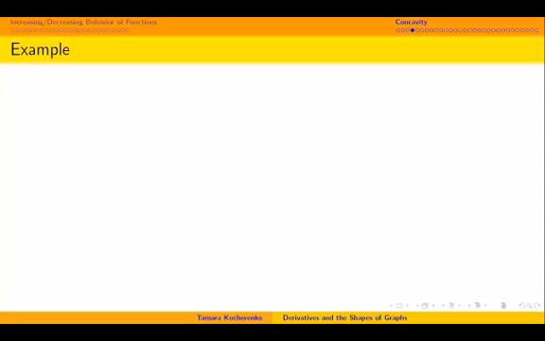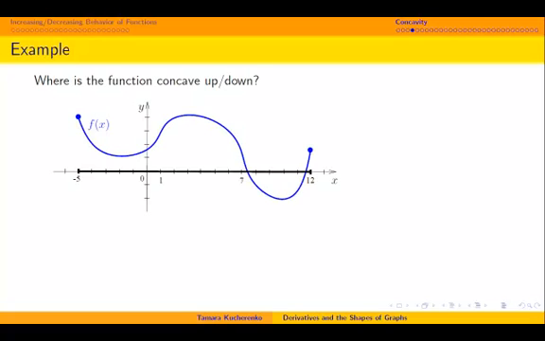Let's practice to visually identify intervals of concavity. Here's a graph of function f of x on the interval negative 5, 12. Can you tell where this function is concave up and where it is concave down?